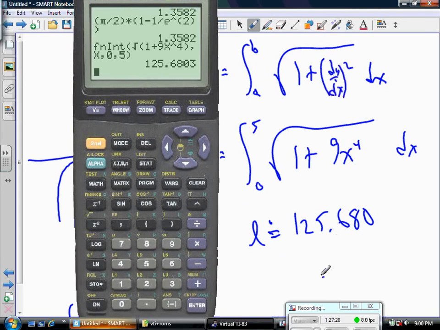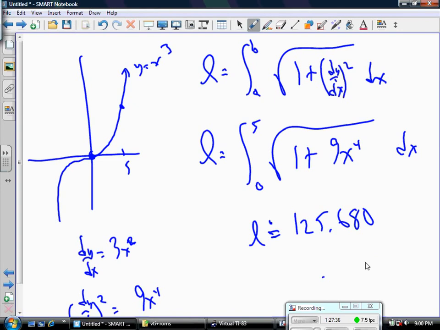But the idea is, if x is measured in feet, the area is square feet, the volume is cubic feet. But if x is in feet, the arc length is still feet, okay? But I didn't say feet, so don't worry about it. But if they give you units, like inches, you better say inches here, right?